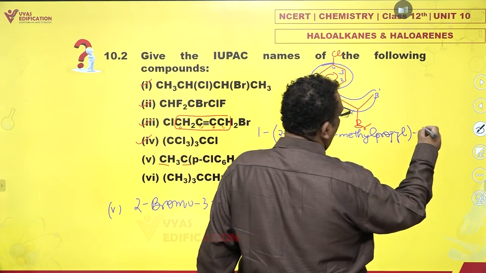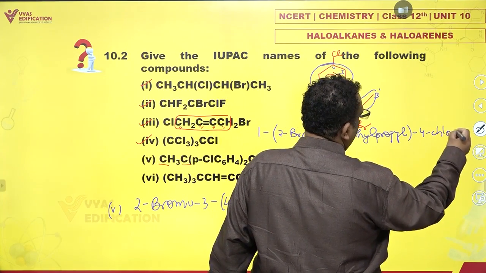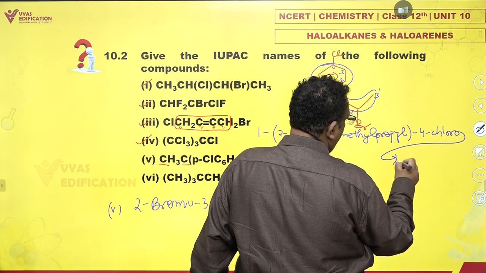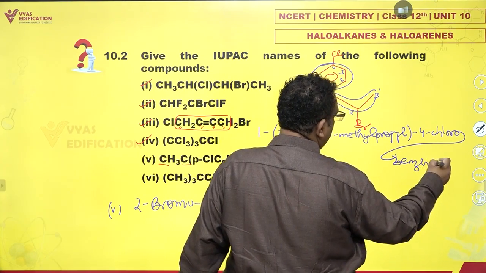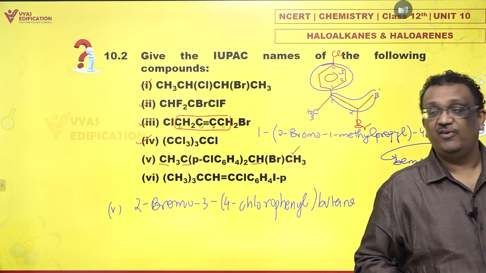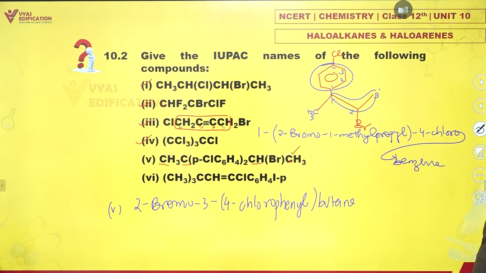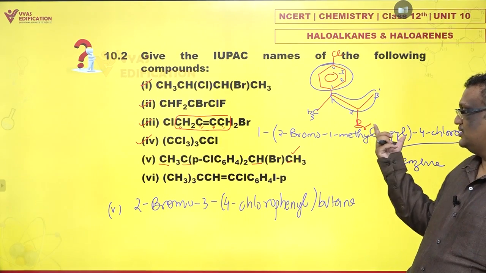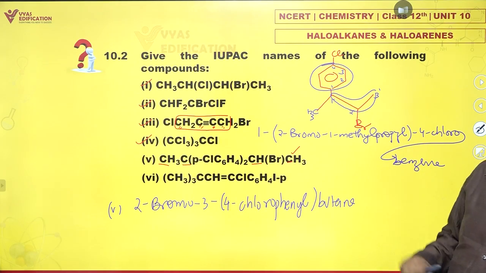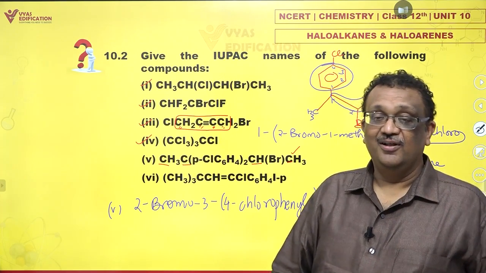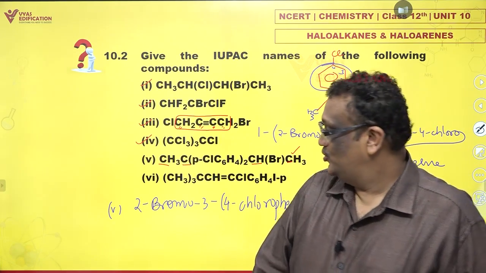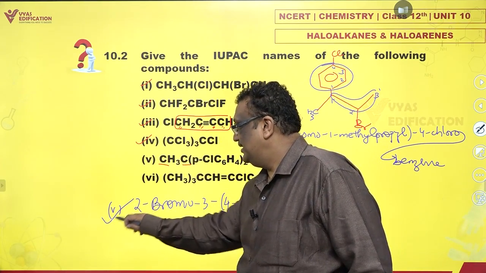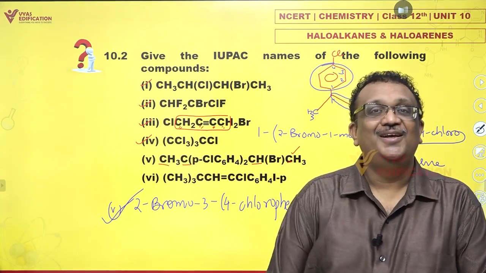And then I have 4-chloro benzene. In case I choose to name it the other way around, it is this. Which is more complicated, this or this? This is more complicated. And IUPAC has always favored simpler names. So a better solution is this, yes, and this is a more appropriate IUPAC name.